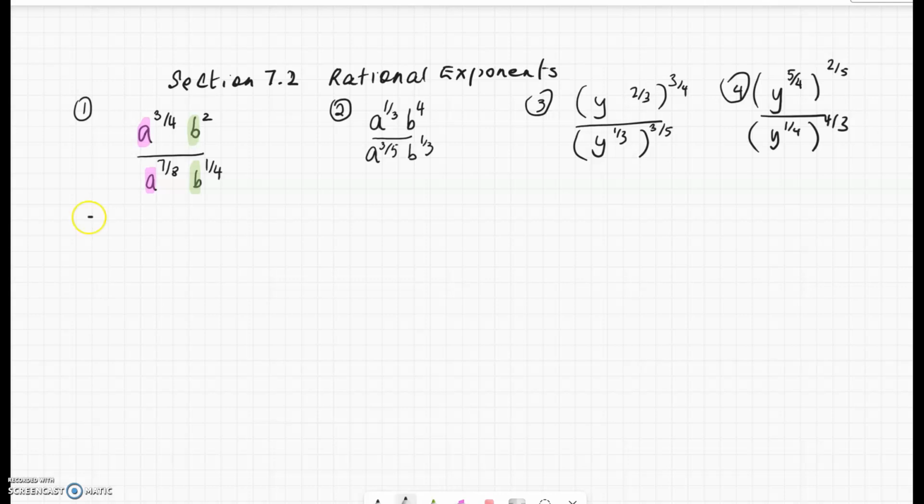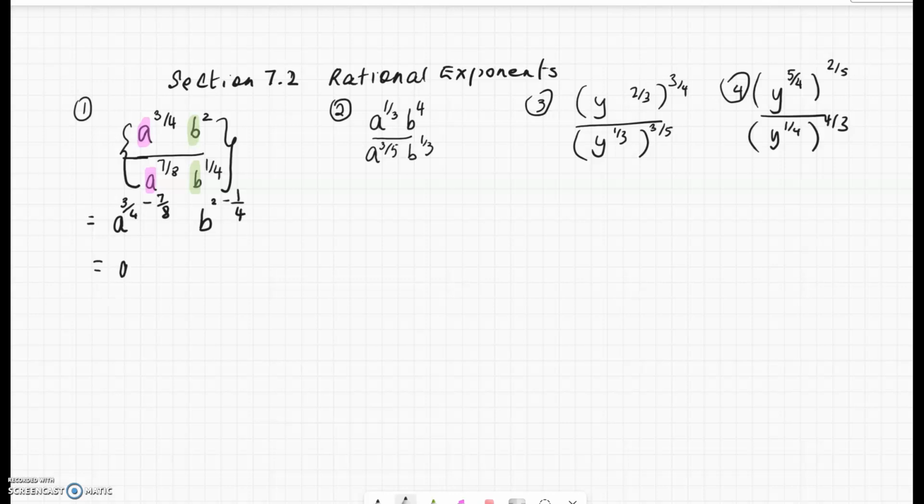involve division. So a to the 3/4 divided by, so this line is divided by, a to the 7/8 is a to the 3/4 minus 7/8. Now we can combine the b's and we can go b to the exponent of the numerator minus exponent of the denominator.